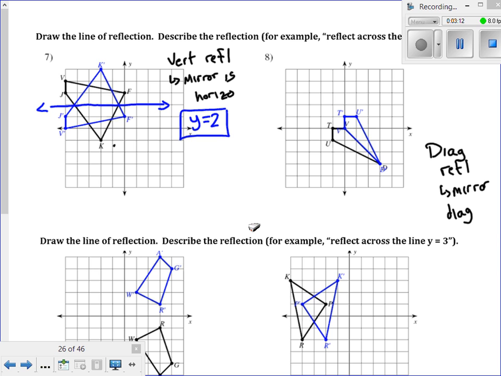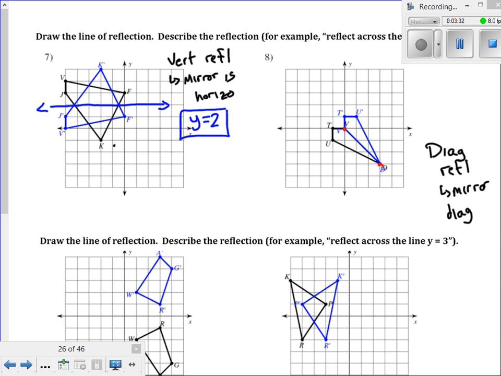A great way to find these mirrors sometimes too is to find where points match. So you can see that D and D prime are together and V and V prime are together. If we think back about some of the reflections we have already done by hand, usually where those 2 points touch, that's where the mirror goes. Think back to the very first day with reflections.